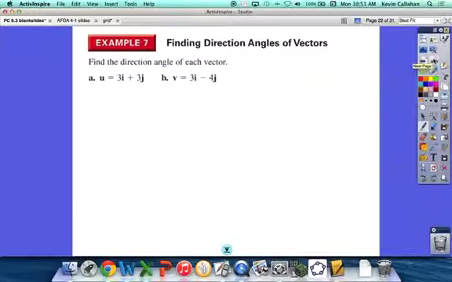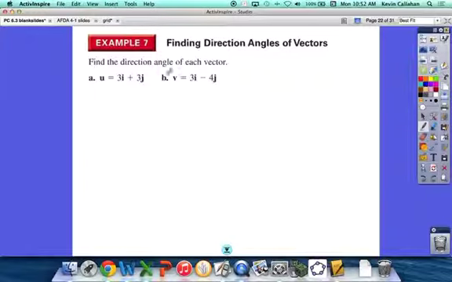So let's find the direction angle for a couple of vectors. Now, this u vector, both of them are written as linear combinations of the standard unit vectors. But you can tell by looking at them what the value of v1 is and what the value of v2 is, right?